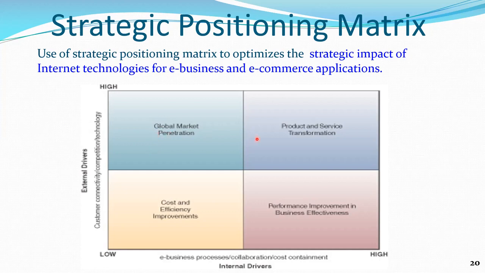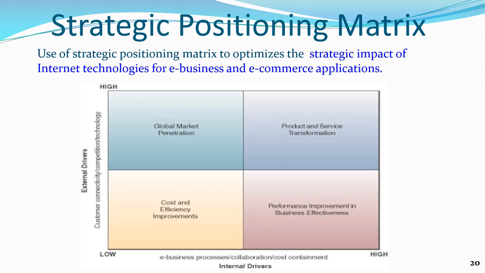Since it is a matrix, we have x and y axes. The external drivers are the y axis, and the x axis is the internal drivers. So here you can see the external drivers and internal drivers. Once you think of internal and external drivers, you can easily understand these quadrants.